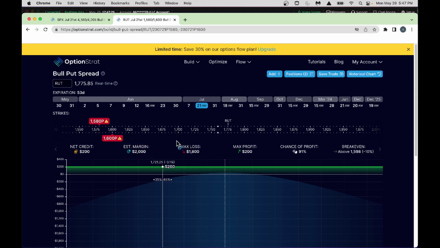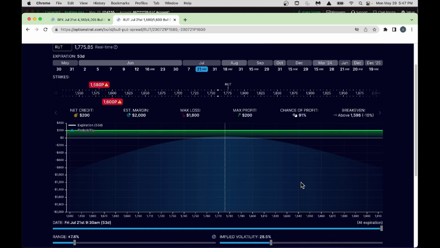Your maximum loss is 1800, which is really the width of the spread minus the credit received. And your max profit is $200, which is the money that you received. And look at the chance of profit, it's 91%, which is great. As long as RUT stays above 1598, you'll make money.